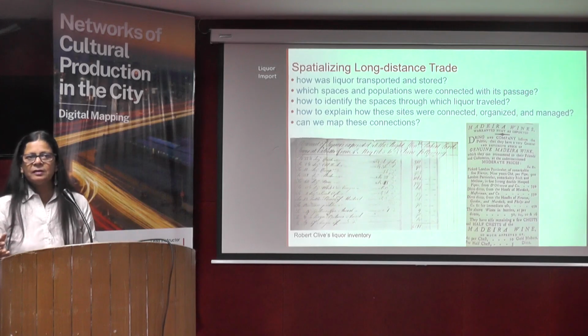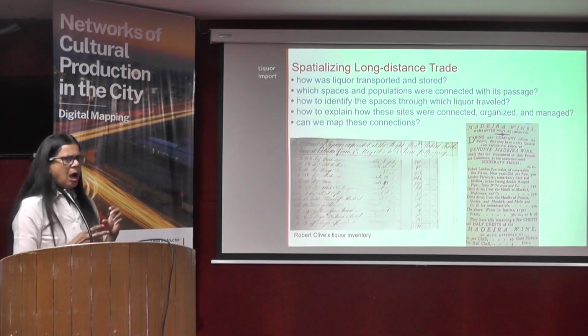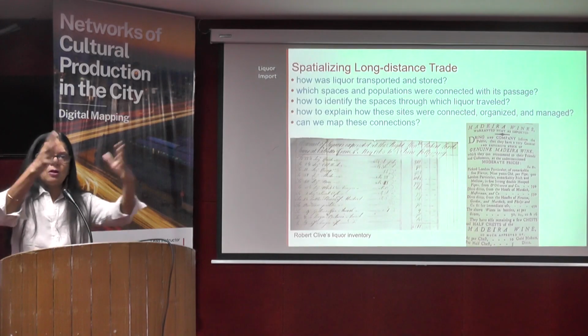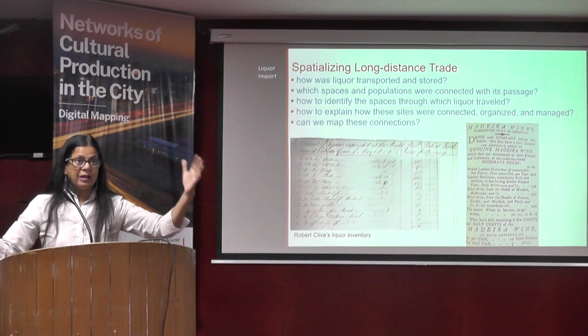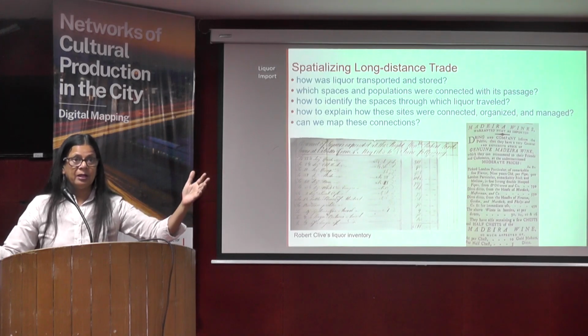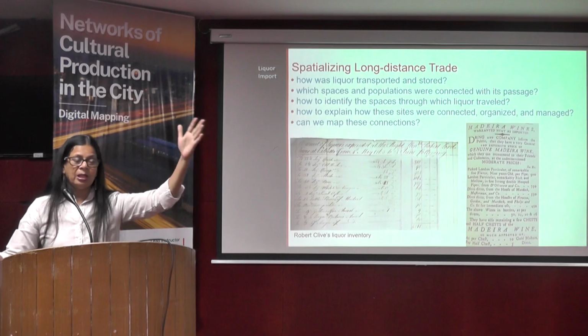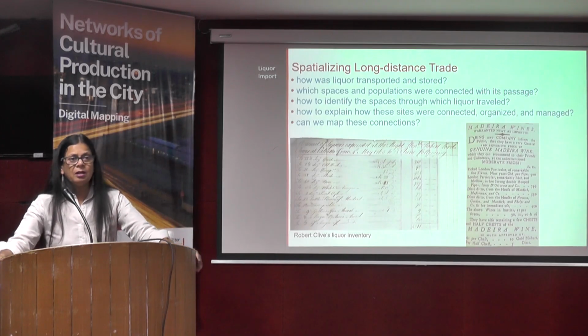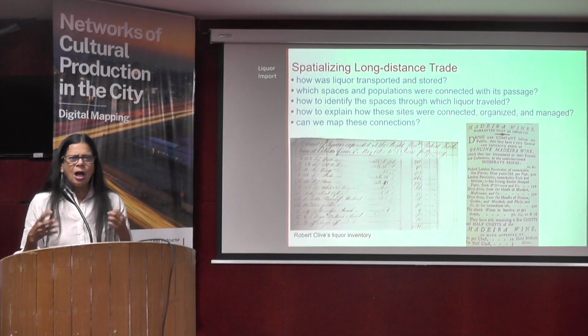It should not be a surprise that Calcutta was the biggest port. But then how were they moving across, in this case, the very large Bengal presidency at that time, right? It's moving north, it's moving into what is Punjab and other parts of the country. How is that happening?